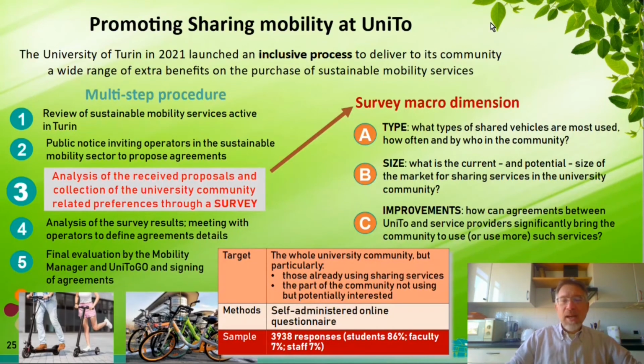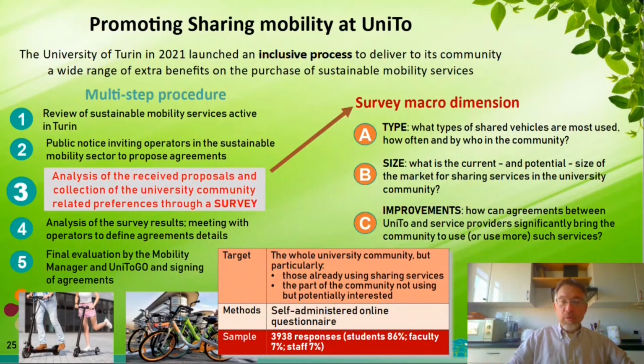So we did devise a procedure involving the community as much as possible to find the ways to increase the modal share of sharing mobility. First, we reviewed what were the services available in the city and in the metropolitan area. Then we invited these services to put forward some proposals for incentives for the university community.